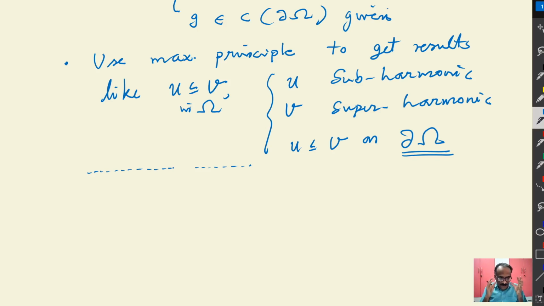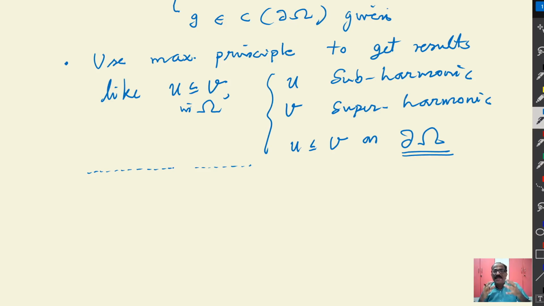The first step is to take the maximum of all the sub-harmonic functions and the minimum of all super-harmonic functions, and you expect that supremum and infimum essentially coincide. We will not do exactly the same thing.